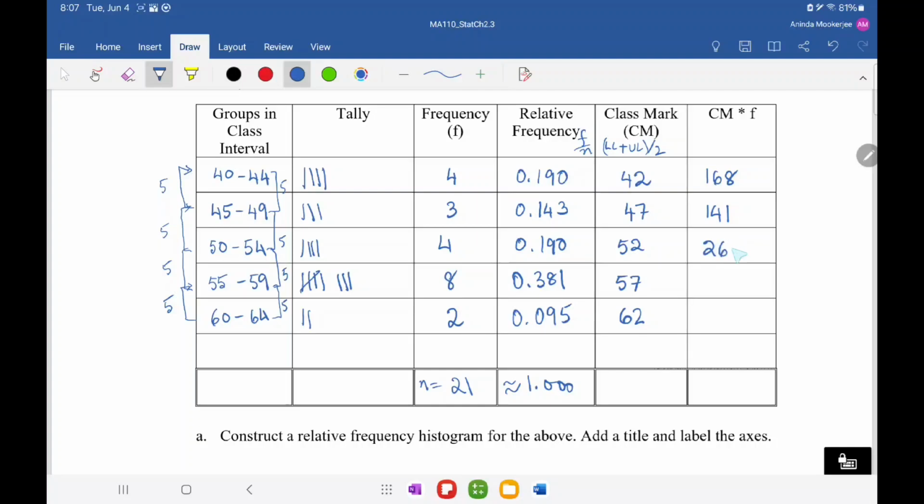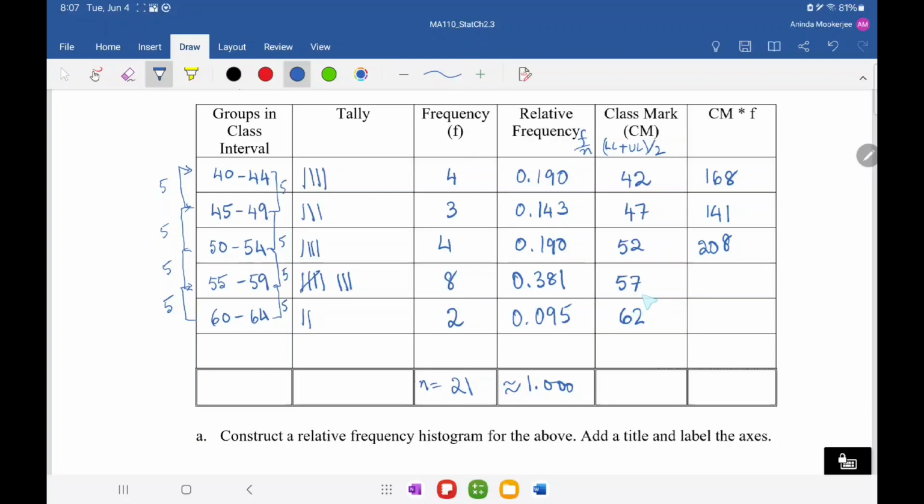Then the next one is 52 times 4, so 4 2s are 8, so 208.